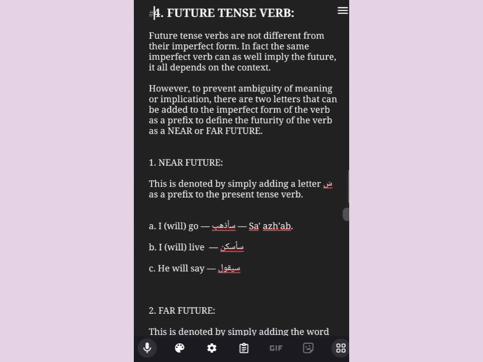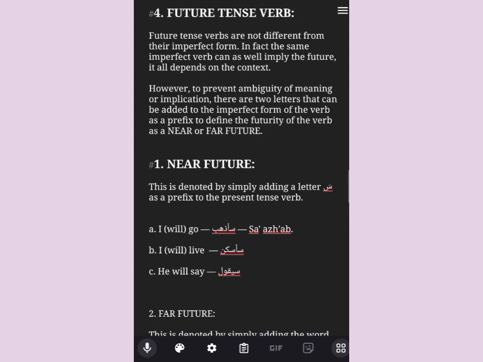Now let's look at the near future. What do we mean by the near future? A verb that denotes a future that is not very long, a close one, probably right after you talk, or a few minutes or even a few hours after you talk.